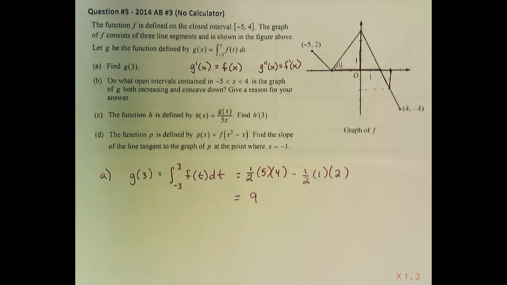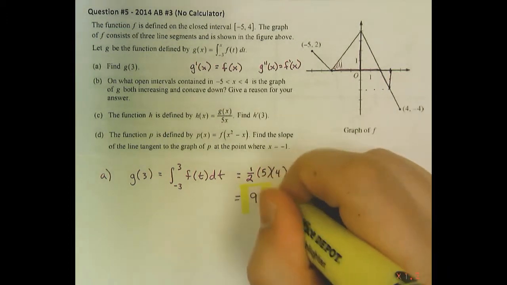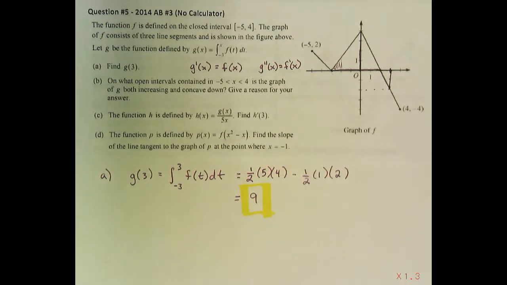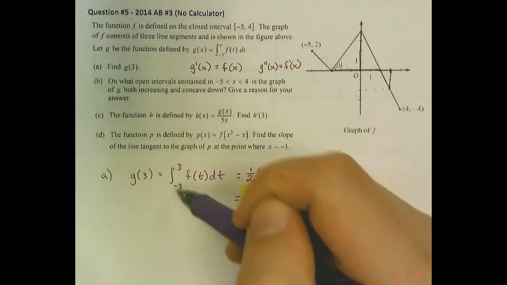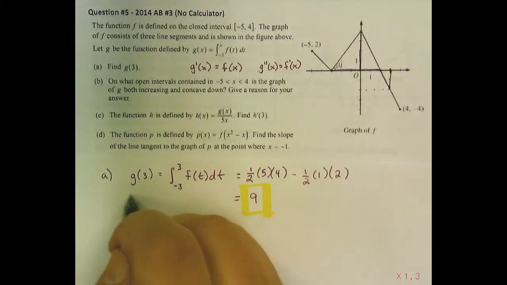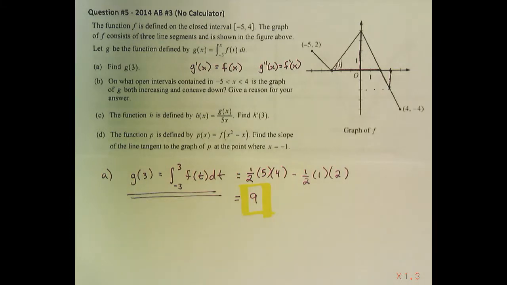That is part A, and part A is worth 1 point. 1 point for your answer. Keep in mind you need to have work, so show the work that leads to your answer. Actually, this is probably the best way to express the work that leads to the answer. But there we go, part A.